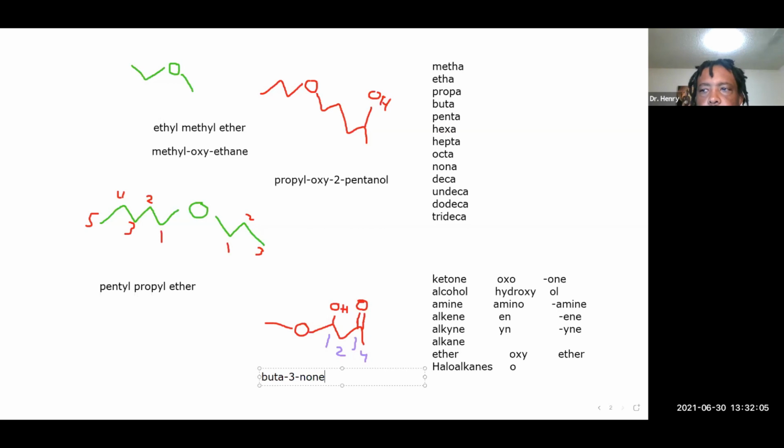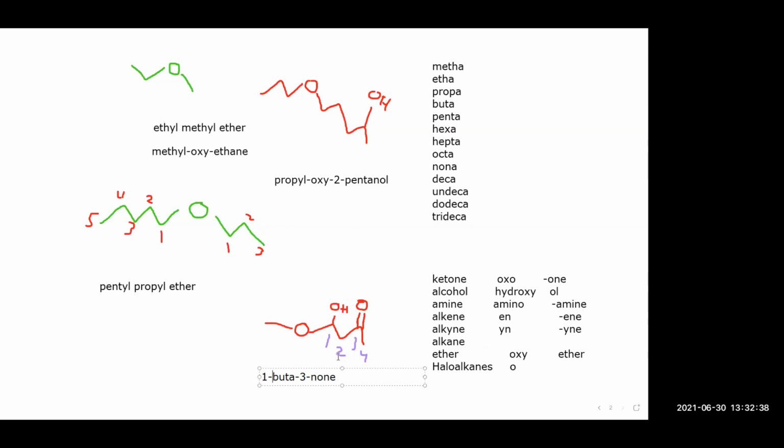Okay, and where's the alcohol? And how do I account for the alcohol now? So it's on the 1 carbon. So we go 1. What is the prefix for OH? Hydroxy.